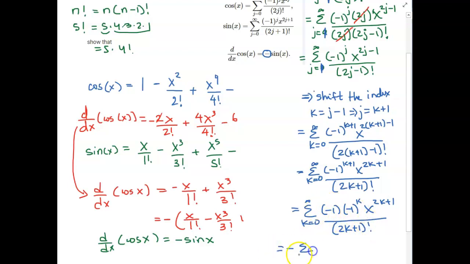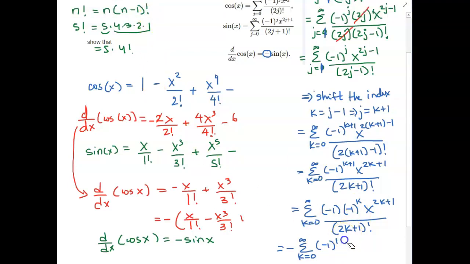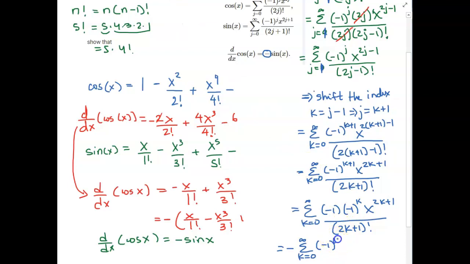So negative, the sum over k from 0 to infinity of (-1)^k x^(2k+1) over (2k+1) factorial.